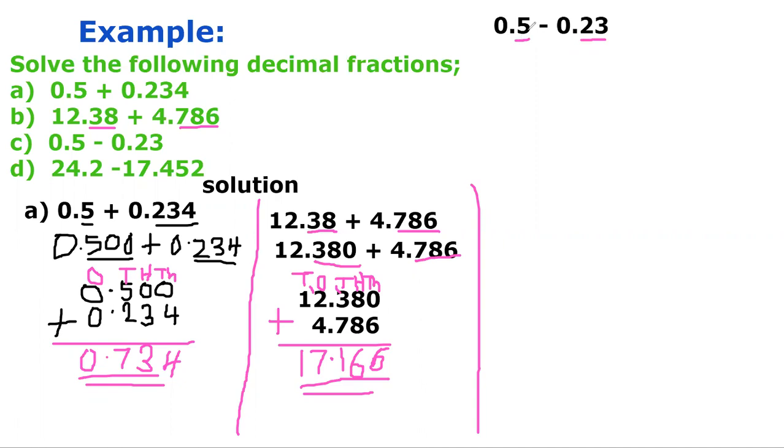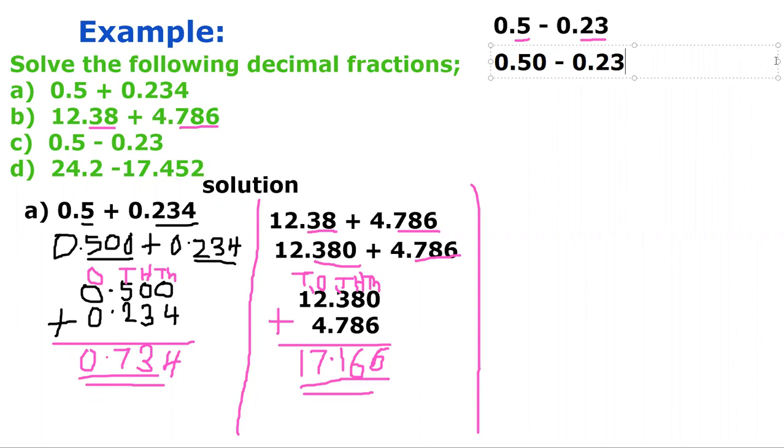So our new decimal fractions will be 0.50 minus 0.23.